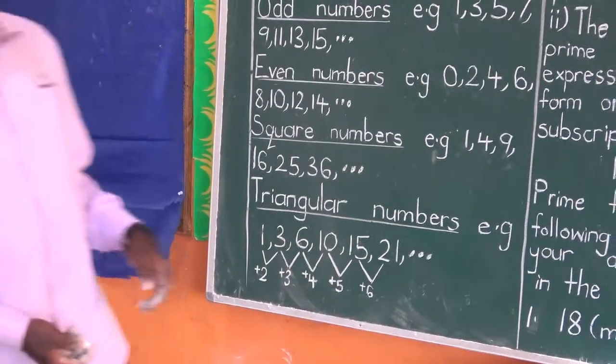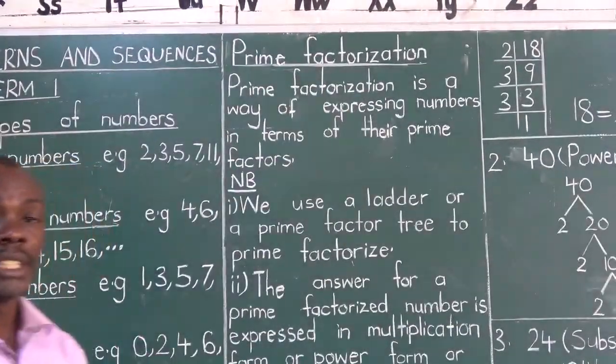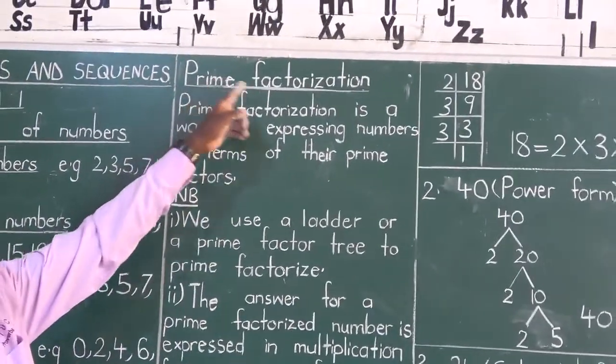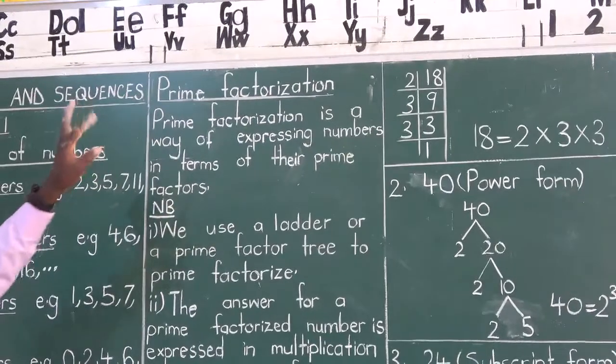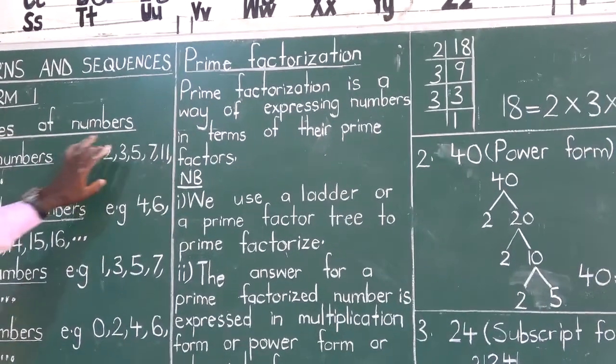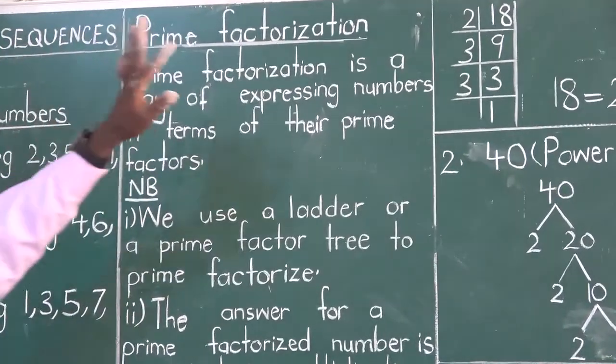Now we are going to look at what is called prime factorization. Look at the word prime and then factor. So don't you see it? They are related. So prime factorization.